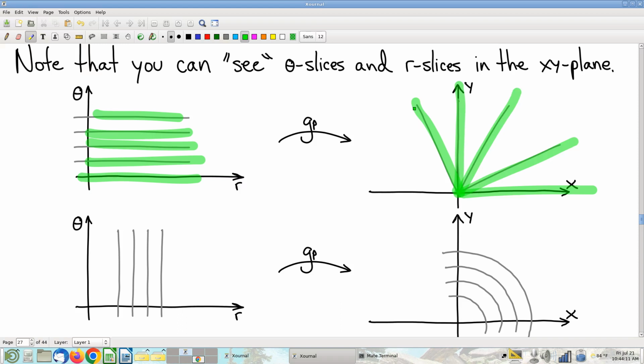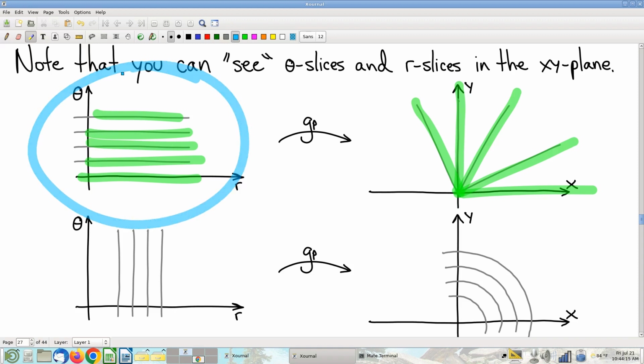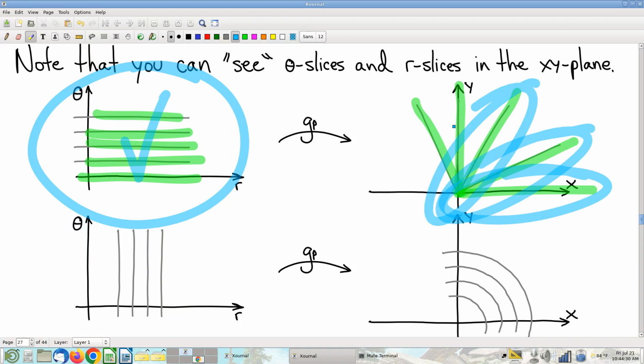So, yeah, sure, there is a pullback, and yes, you're going to theta slice that pullback. But everything that you would conclude from drawing that picture and doing that on that picture, you can see it all over here. This is what the theta slices look like.